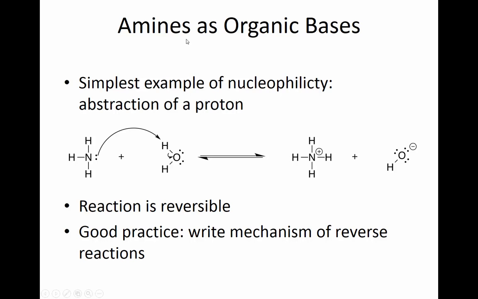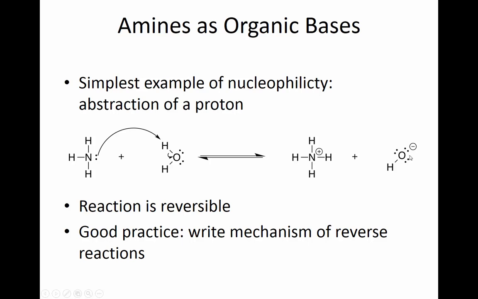Okay, let's talk about amines as organic bases. Things like ammonia make good bases. And in fact, this is a good way to look at nucleophiles and electrophiles. It's the simplest example of nucleophilicity, the abstraction of a proton. So we have an electron pair donor here, grabbing a hydrogen and making an ammonium ion.